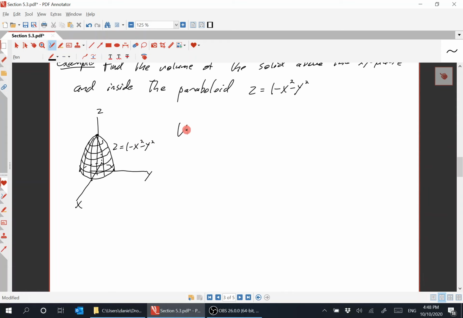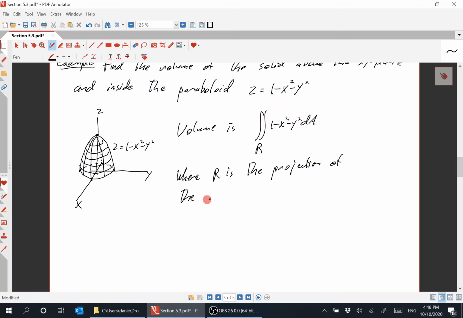So the volume is the double integral over R of 1 minus x squared minus y squared dA, where R is the projection of the surface straight up or straight down onto the xy plane.